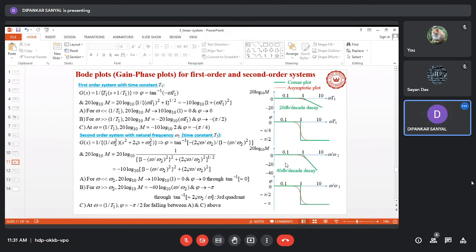And here, between these two denominators, we see the decay is like 20 log 10, whereas it is 40 log 10.